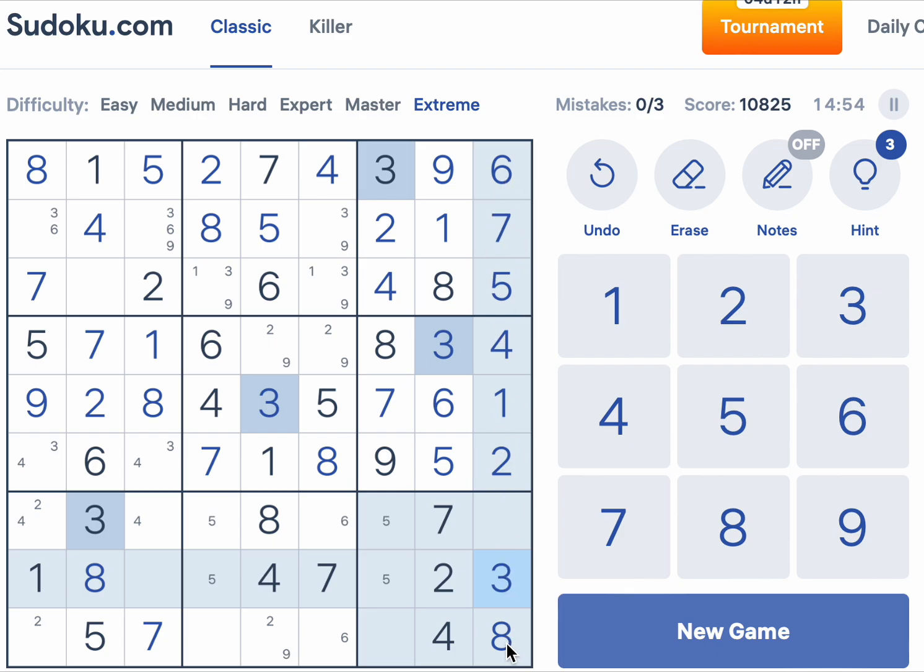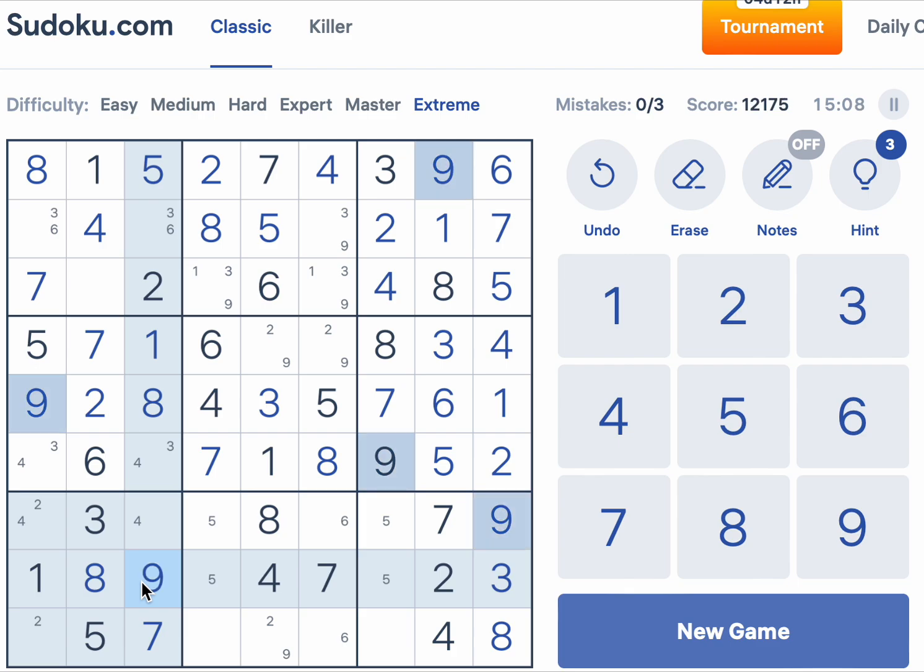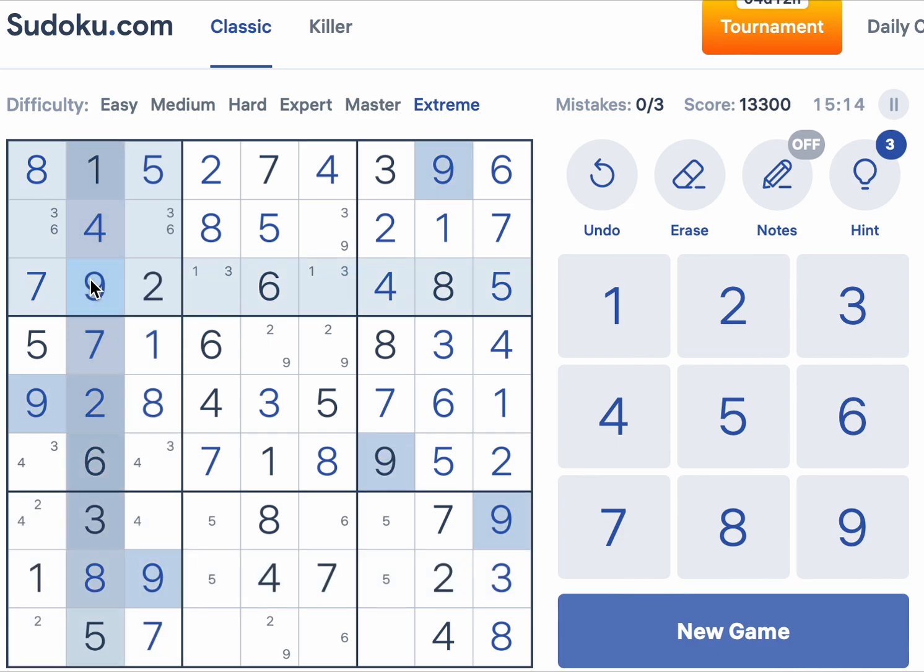And for this column, we're only missing 9. For this block, with this row and this column having 9, this cell must be 9. And for this block, with this 2 column having 9, this cell must be 9.